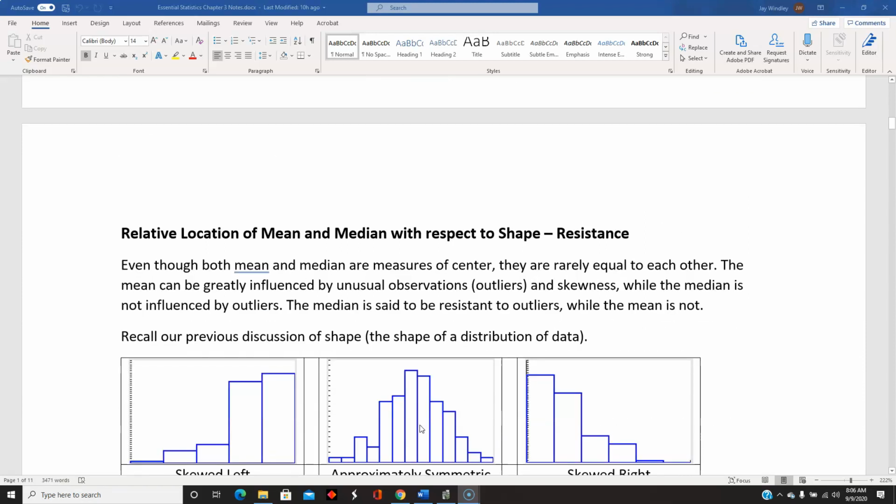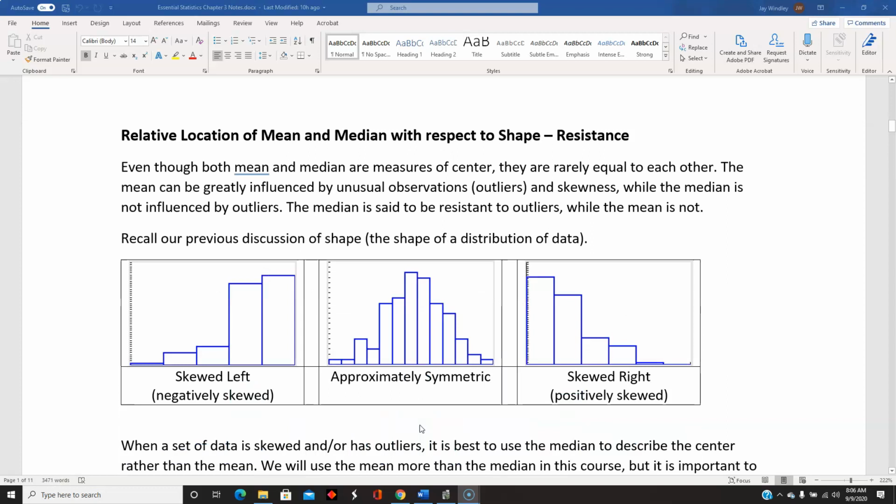So mean and median are both measures of center, but they're rarely equal to the same number. The mean can be greatly affected by unusual observations or outliers, which we'll learn the exact definition of in a little bit, and also affected by skewness, but the median is not.